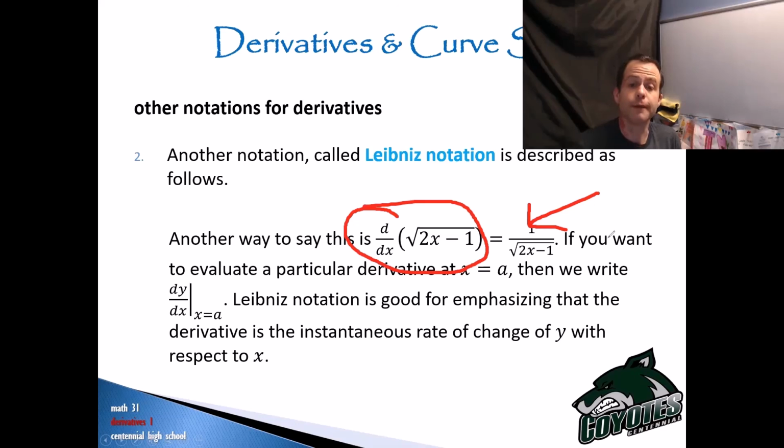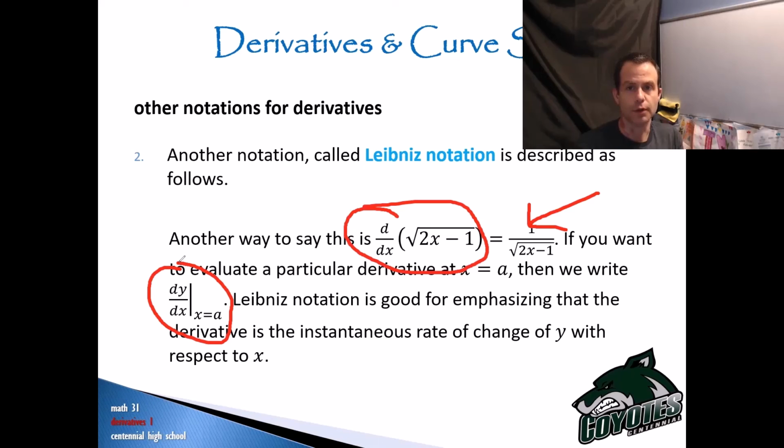If you want to evaluate a particular derivative at x equals a, then we often would write it this way. So we would say the derivative of y with respect to x at x equals a. And if you had played around with your calculator, that is how your calculator actually showed it to you. It actually would go d over dx.